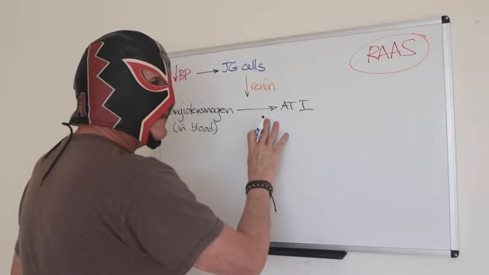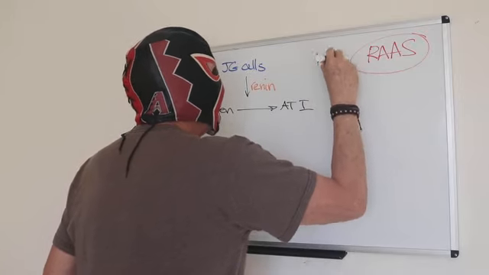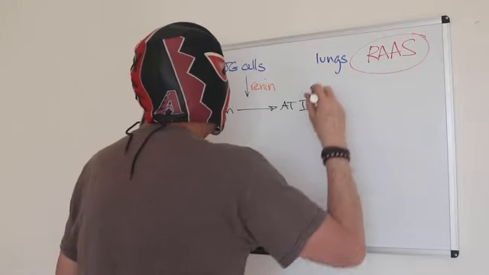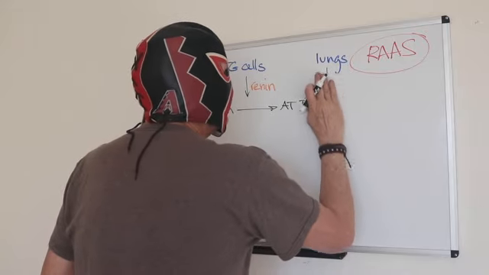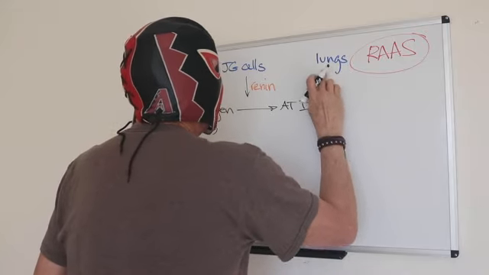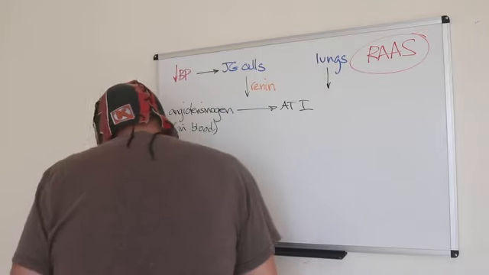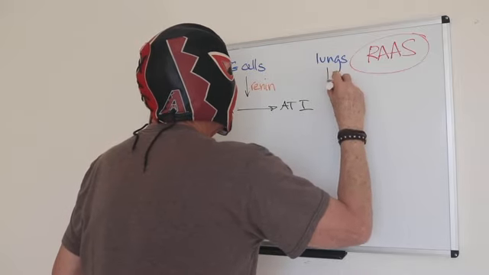Remember, blood goes every place in your body within 1 minute. So eventually it's going to get to the lungs, and the lungs are going to release an enzyme called ACE, angiotensin converting enzyme.